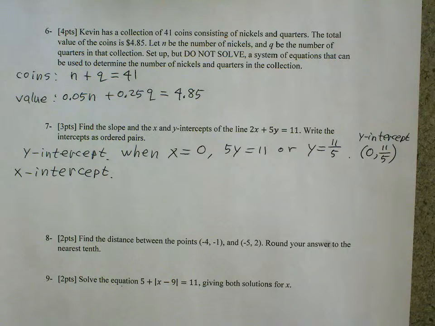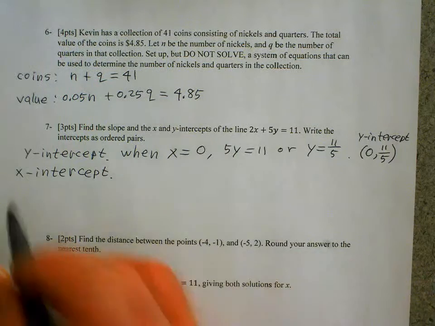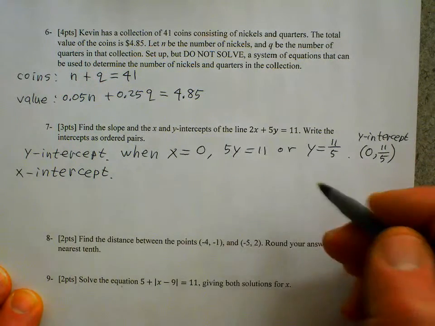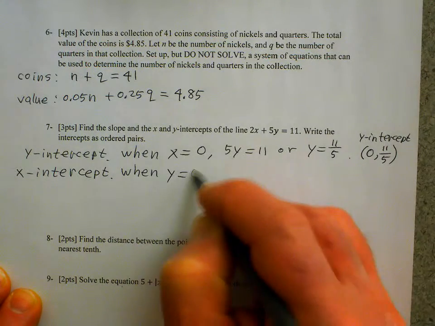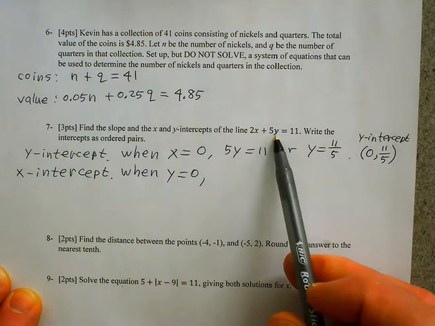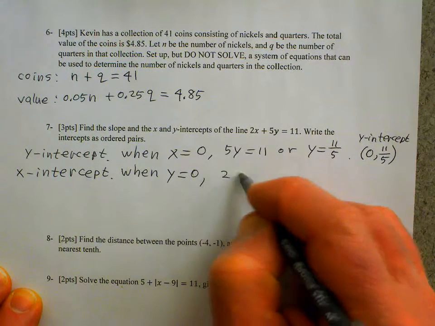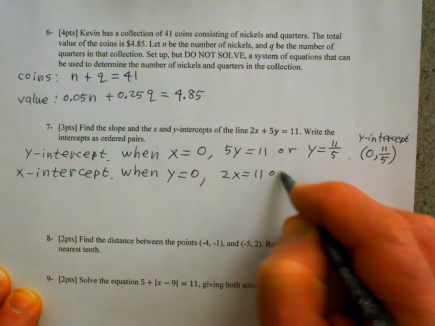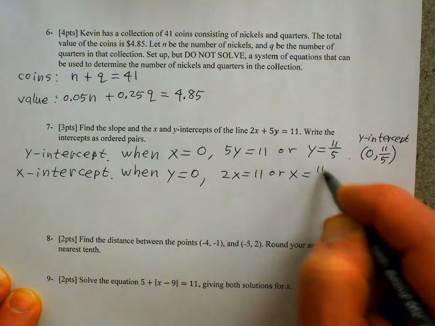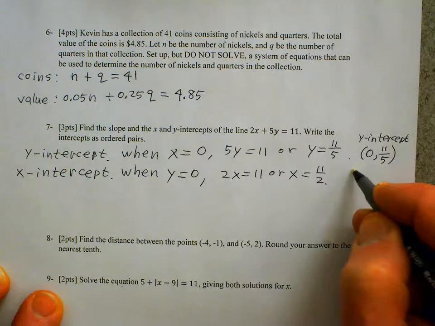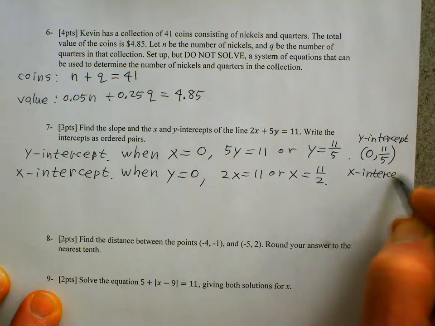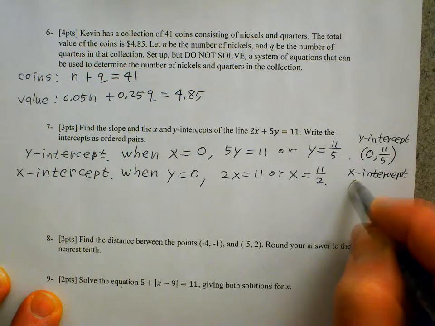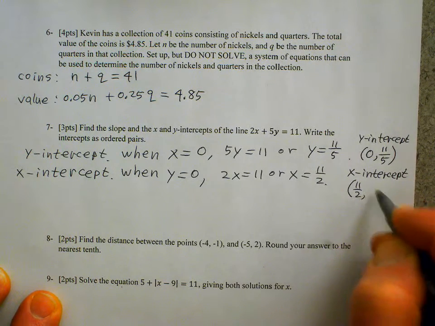The y-coordinate is equal to 0. So when y equals 0, in the equation, replace y with 0, and we're left with 2x equals 11, or x equals 11 halves. And so the x-intercept is the ordered pair 11 halves for x and 0 for y.